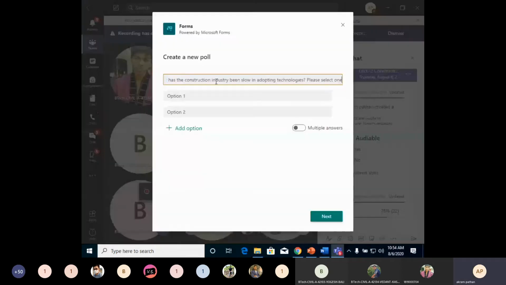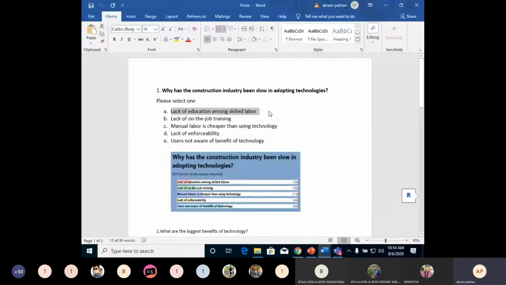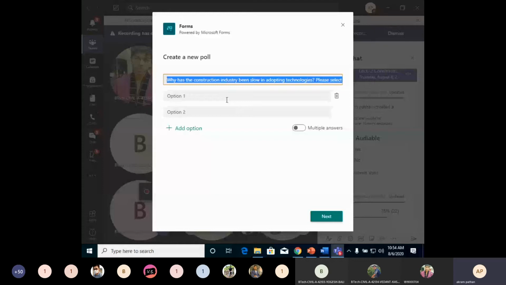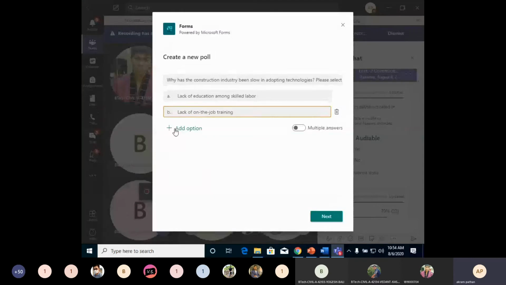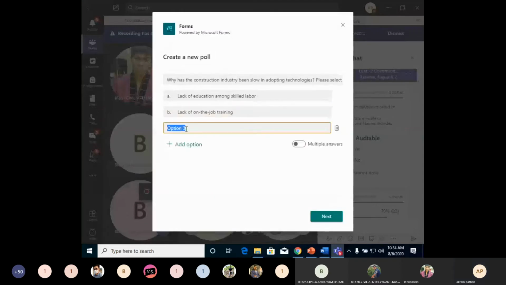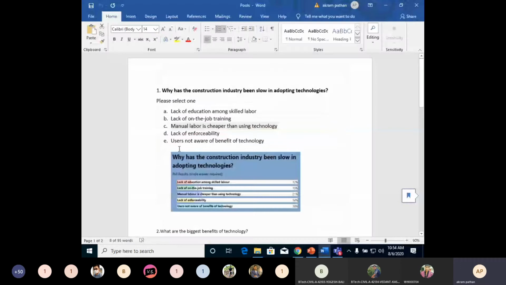Options: Option A, we have to complete this activity in given time; then option D, enforceability.